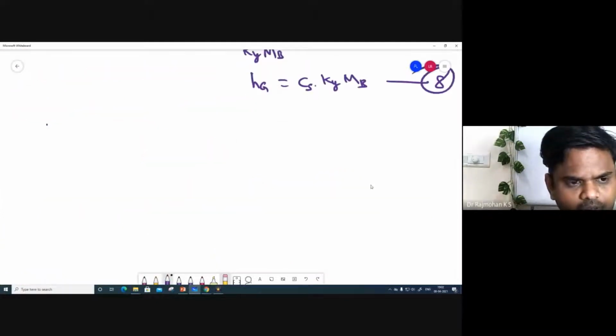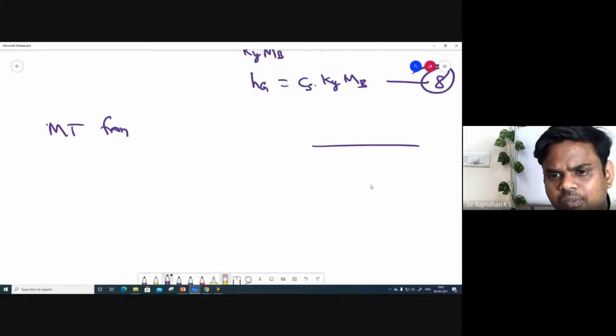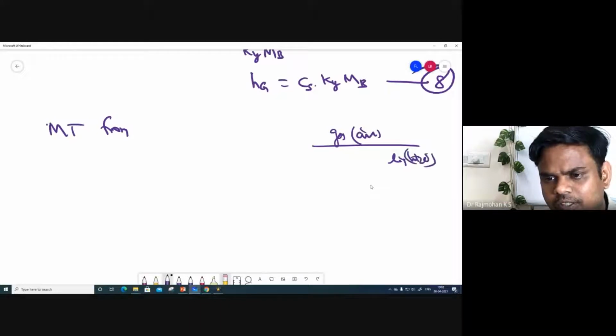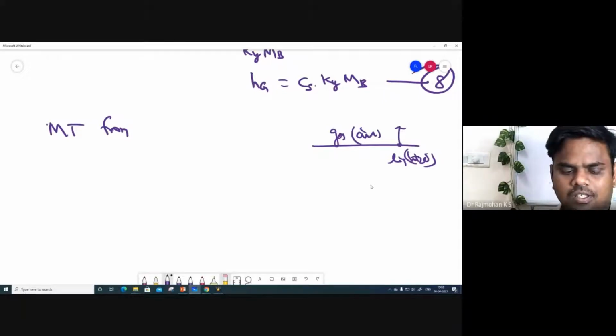So now considering the mass transfer, what is the mass transfer taking place here between gas and the liquid, that is between air and the water. Mass transfer is taking place from liquid, that is from the interface to bulk of the air. Understood?